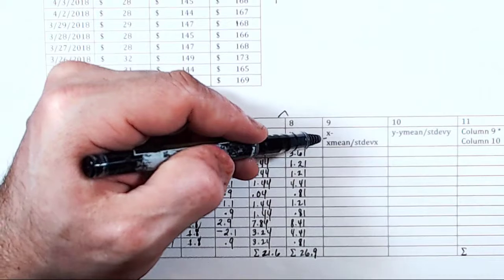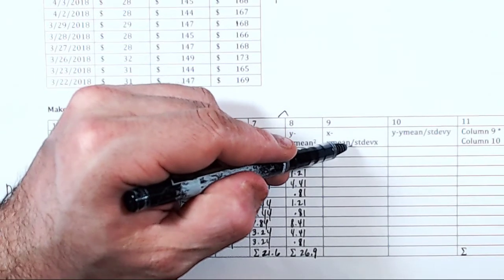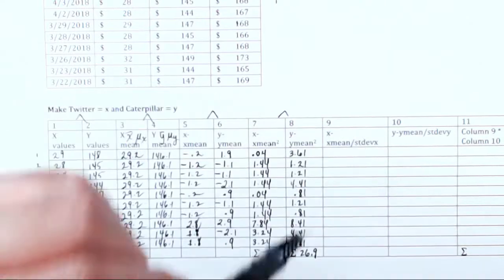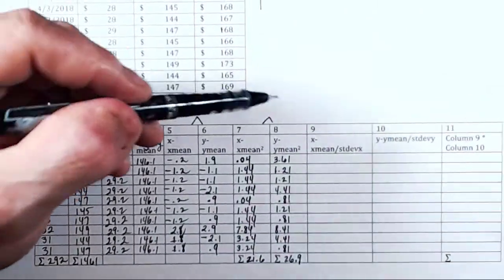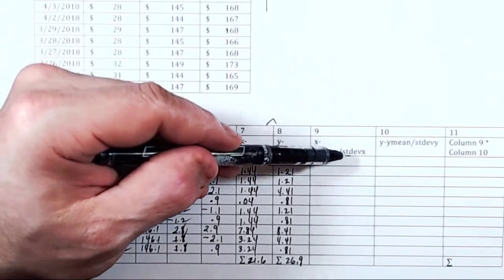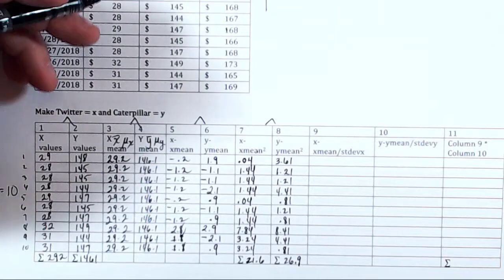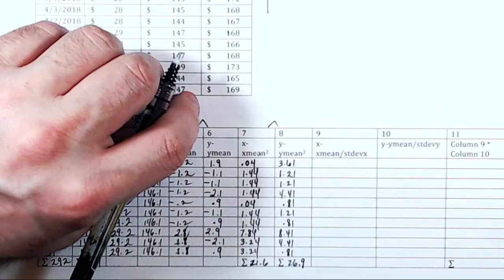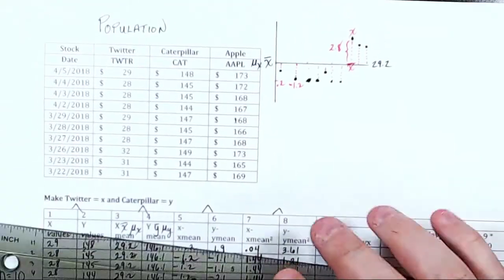The next thing asks us to compute x minus x mean over STDEV x. What is that? STDEV x is the standard deviation of x. We have to find out what that is first, and that's kind of an intermediate calculation, so let me model that for you.